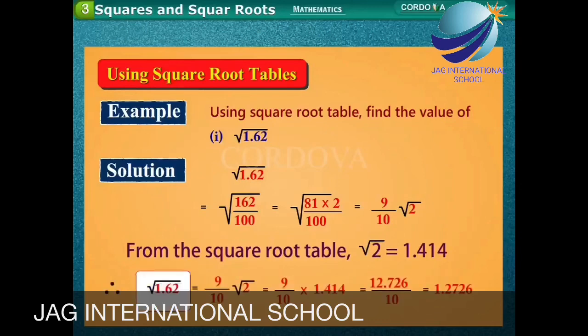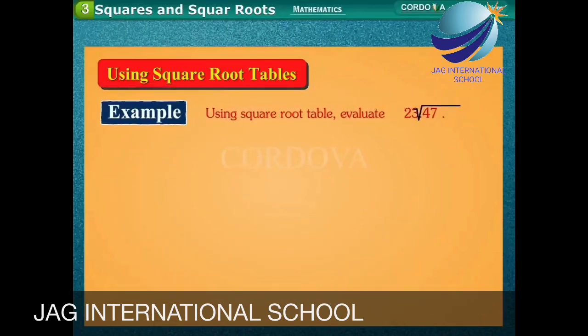Therefore, square root of 1.62 is equal to 9 upon 10 square root of 2, which is equal to 9 upon 10 into 1.414, which is equal to 12.726 upon 10, which is equal to 1.2726.